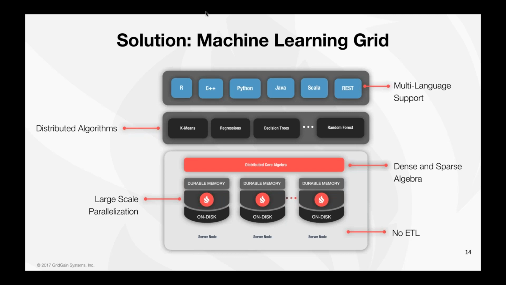If we look at what Ignite then offers in this space, I briefly touched upon the machine learning grid somewhat earlier, and this is something that's available today. It gives a lot of support for things like dense and sparse algebra, k-means, regressions, decision trees, all these things that, if you have worked in this space, will be very familiar to you.